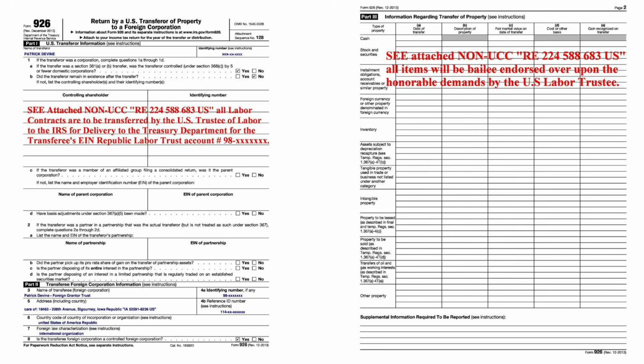You'll also send a copy of the non-UCC, a cover letter, and the 926 form to the local regional district IRS office, possibly the AIQ office also, and then also to the regional IRS office, and also to Philadelphia. Let the IRS go and do the collecting for you.